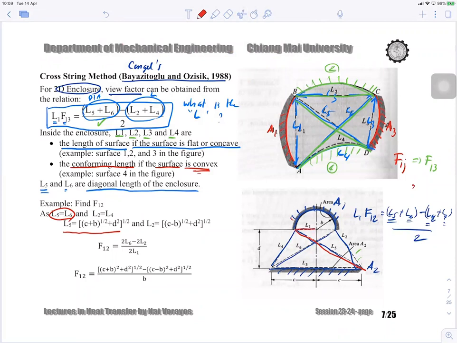You know that this is B, and you know that this is C. So this is also B. And take a look at this triangle. The length on this side is 2C.